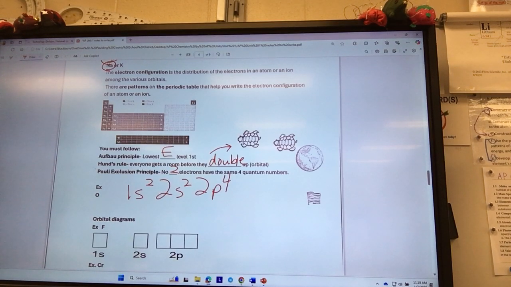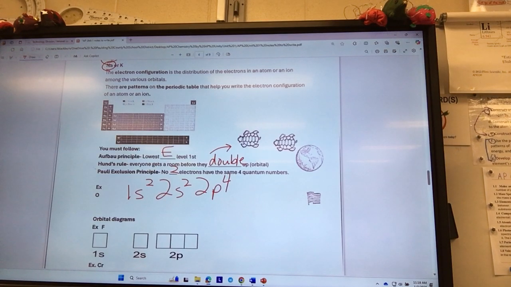So how you do it is you just go back and forth on the periodic table, following these little cues. This is the S block, D block, P block, F block. So we're going to do this until I get to gold. It's going to start with 1s, and we pretend like helium is right there, 1s2.